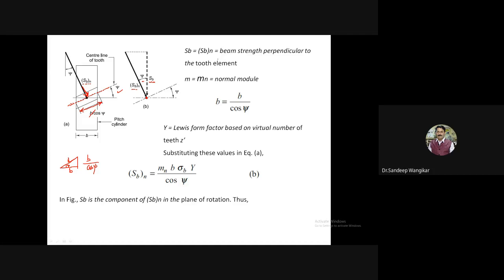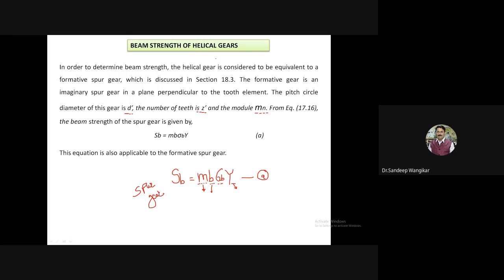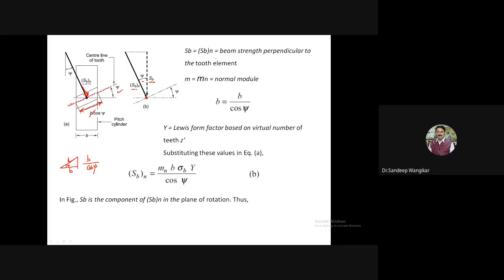Now give the heading beam strength of helical gears, and first write the formula SB is equal to m b sigma B into Y. In this case, SB will be replaced by SBN, the beam strength perpendicular to the tooth element in our formula.